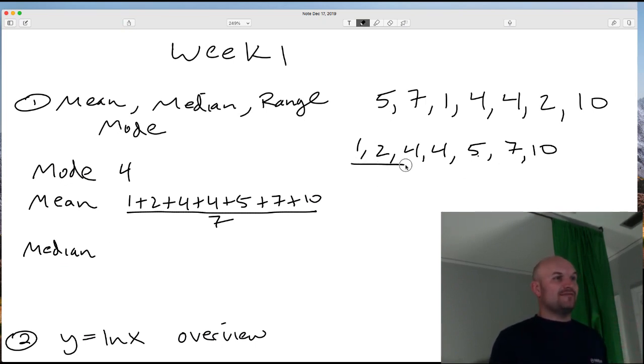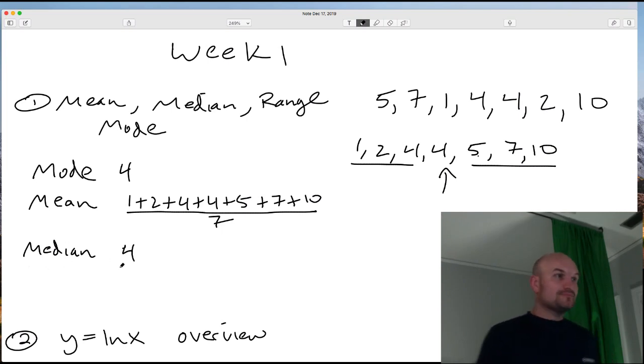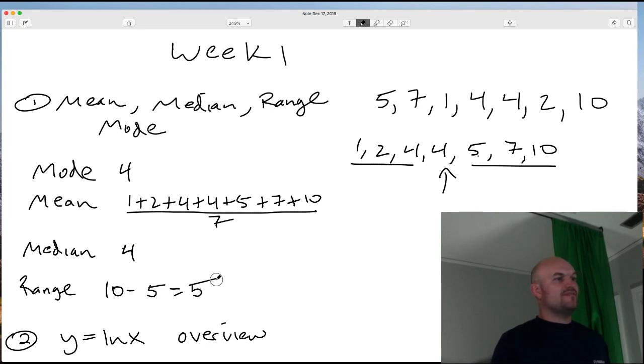We have 3 on each side, so 4 is in the middle. If you had an even set with two middle numbers, you would find the mean of those two, adding them and dividing by 2. The range is the difference from the high to the low, so we take 10 minus 1, which gives us 9 here.